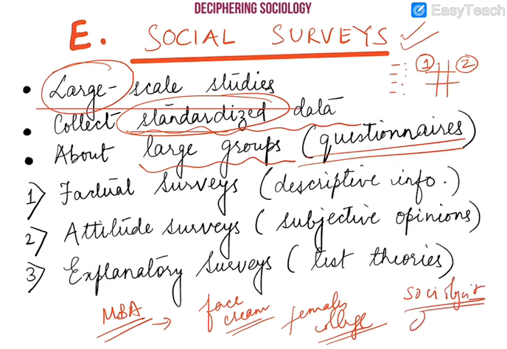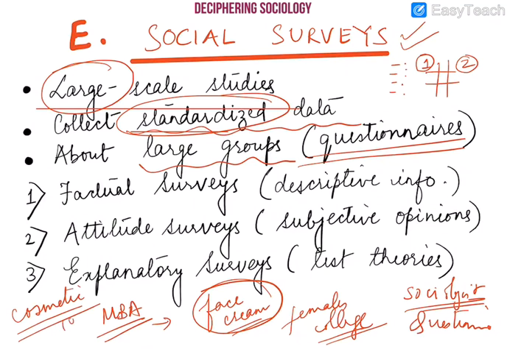So the researcher or sociologist will have a questionnaire, a set of questions about all the cosmetic interests of the females. Let's say there are 10 questions. Those 10 questions are the same for every female candidate, and the researcher will go and distribute it to the females and then come back with the feedback or the answers.